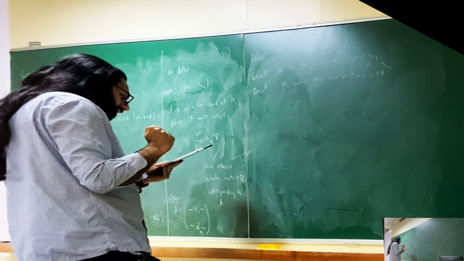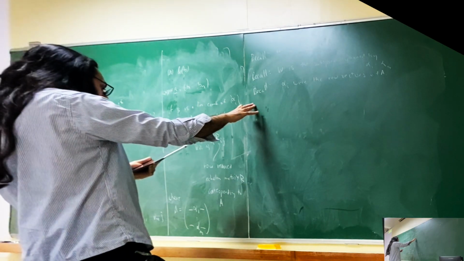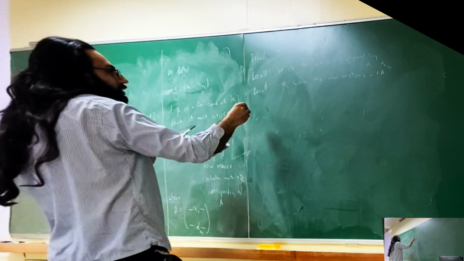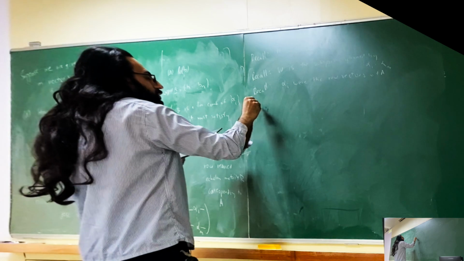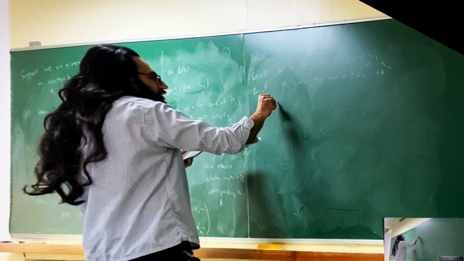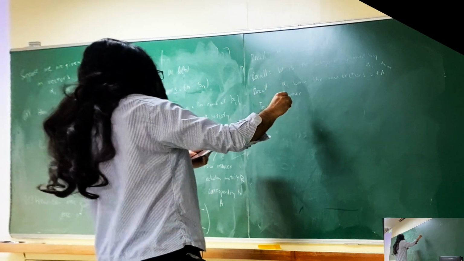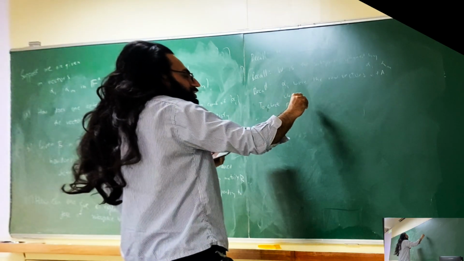I think I already explained this to you when I was explaining how you can check beta belongs to W.